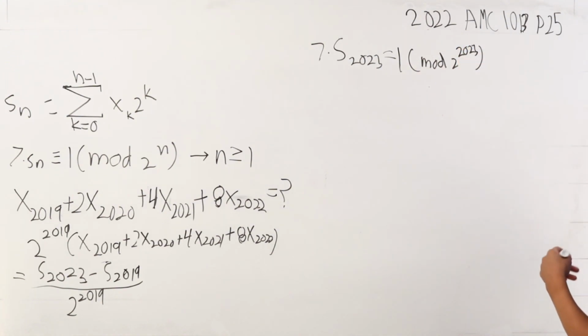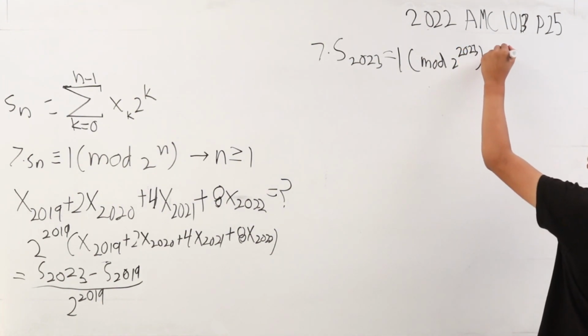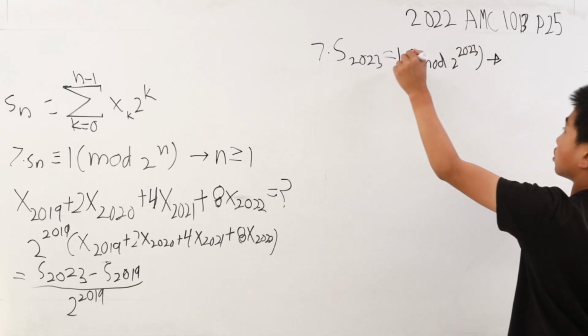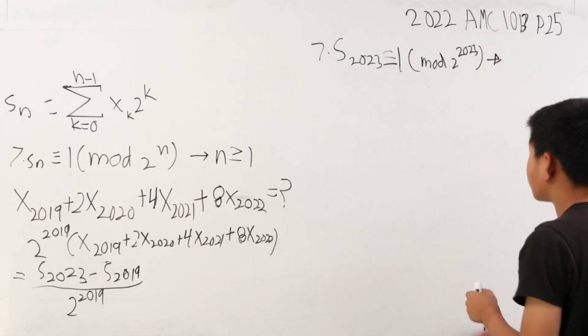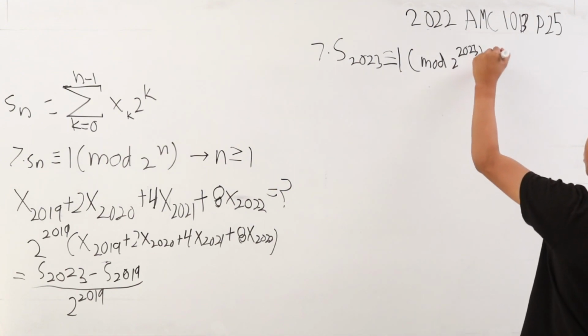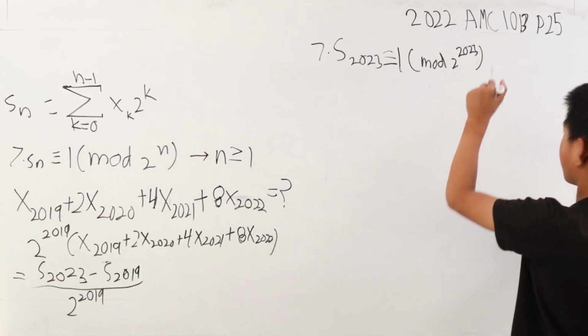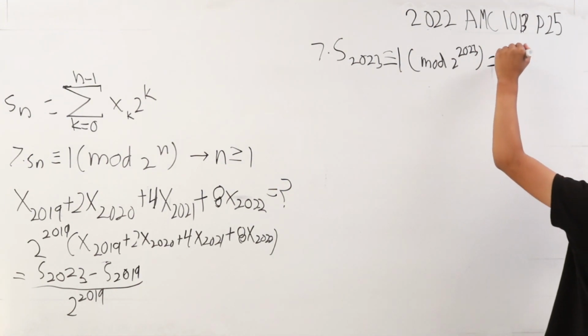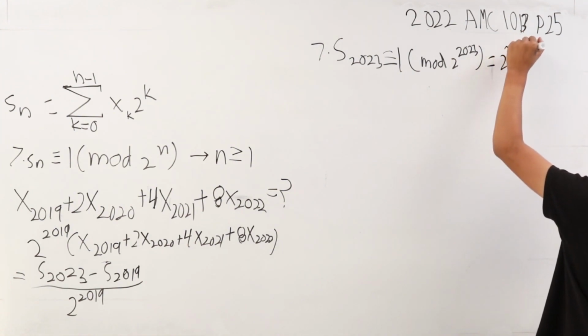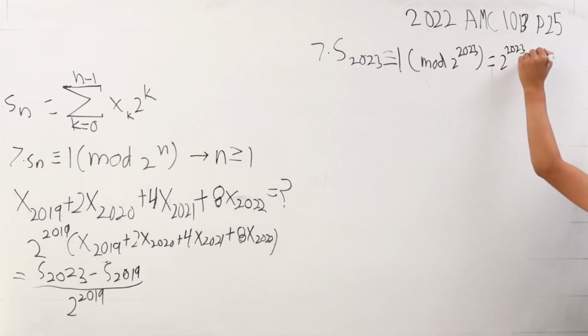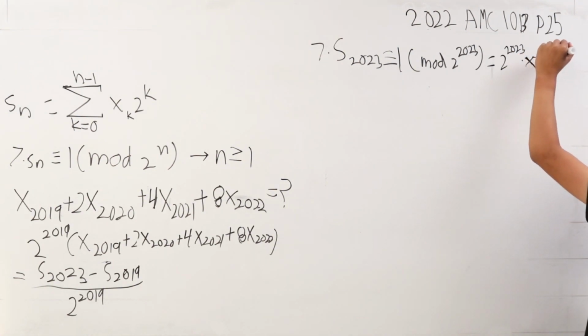Now, there are formulas where this is basically equal to 2 to the power of 2023 times some constant, some number, let's call that x, and then you have to add 1.